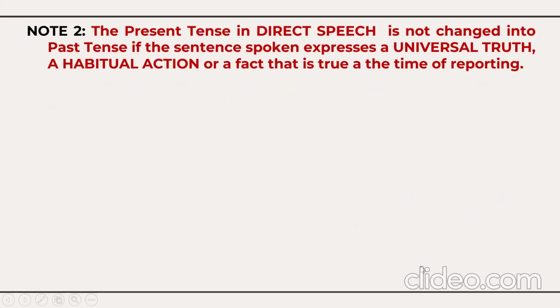Now, the second exception we have here: the present tense in the direct speech is not changed into the past tense if we are speaking about some universal truth or habitual action. For example, Sheila said, oil floats on water. See, it's a universal statement. You cannot say oil floated on water.